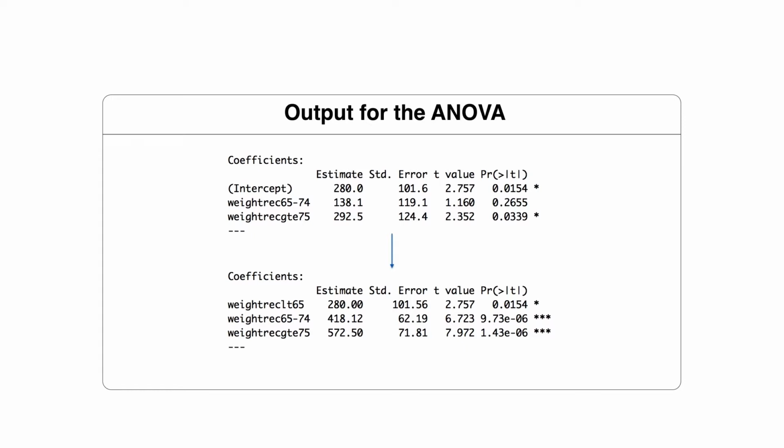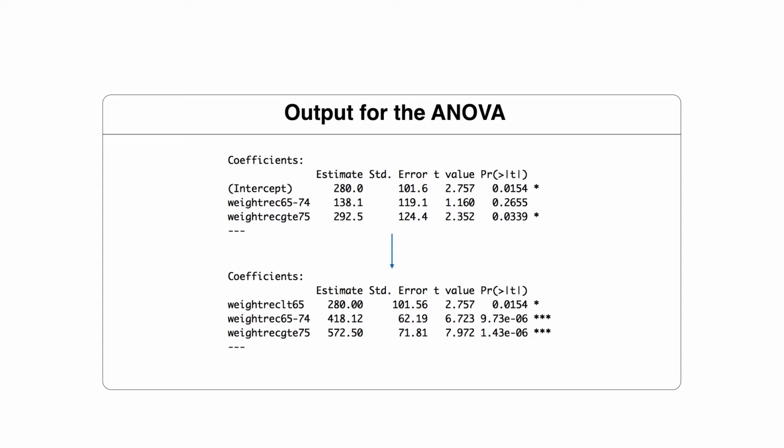And then the next level was weight recorded, the weight of the 65 to 74 kilogram category. And the estimate here was 138. So the first one was 280 and the next was 138.